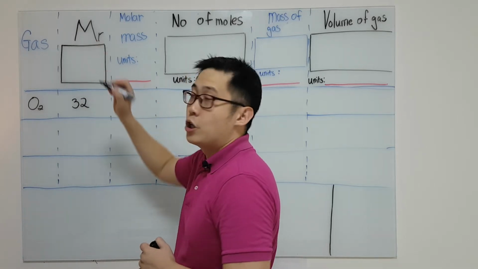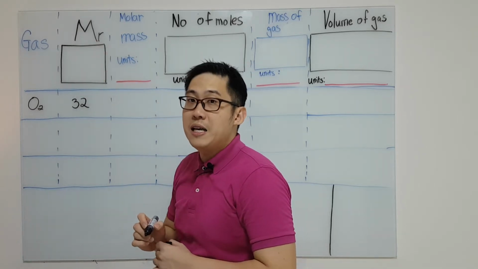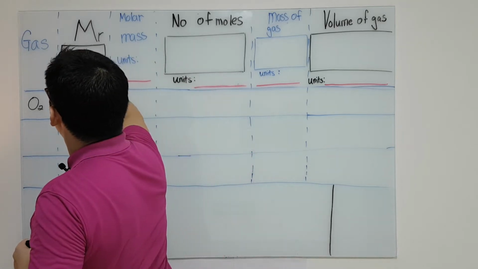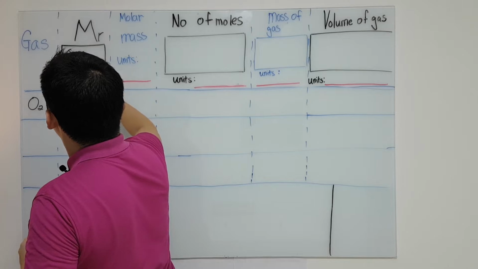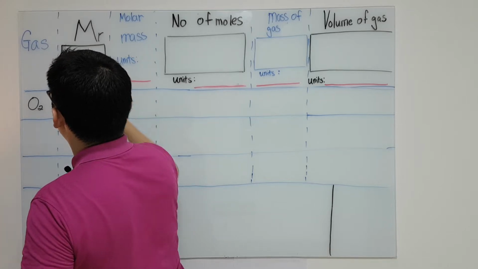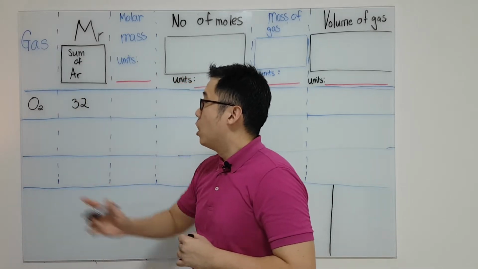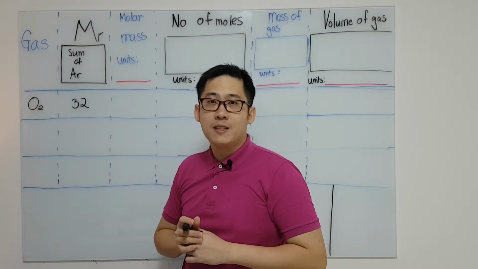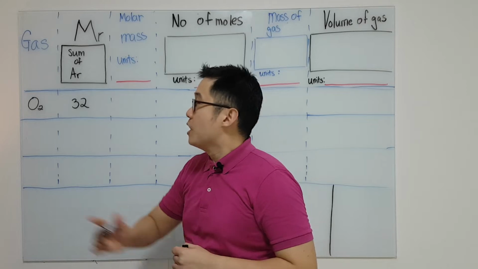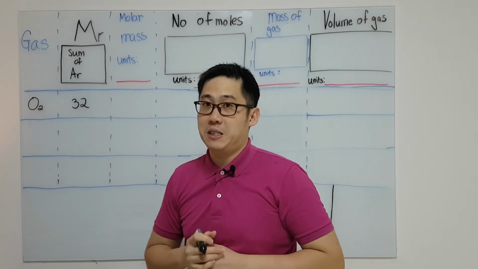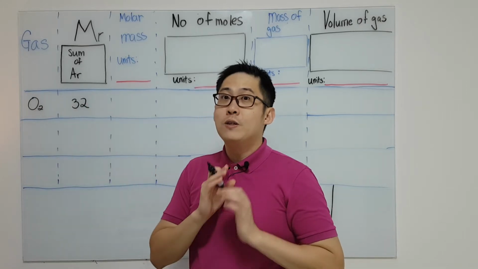Remember, your relative molecular mass is simply the sum of your relative atomic mass. Oxygen has a relative atomic mass of 16. So O2 simply is 16 times 2, which gives you 32.